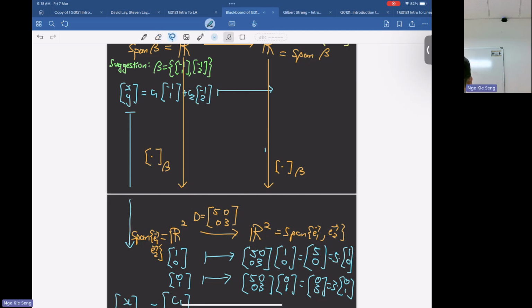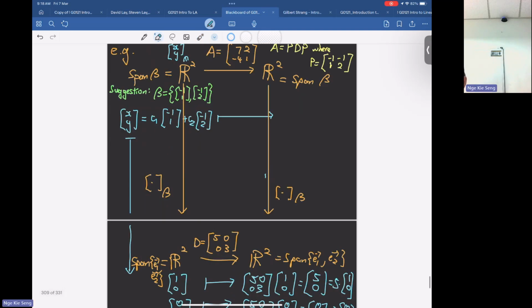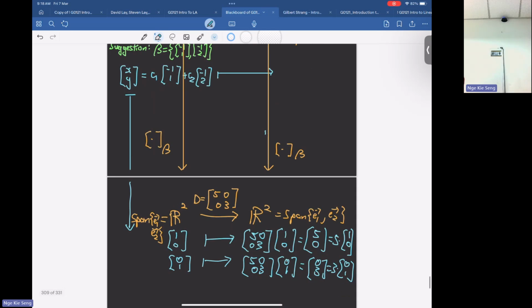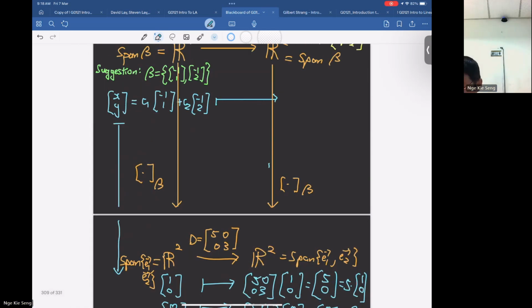If we want to check on all x, y, it is enough to look at what happens to the basis elements, because we can use linearity. Let's start here. It's enough to just check what happens to -1, 1.